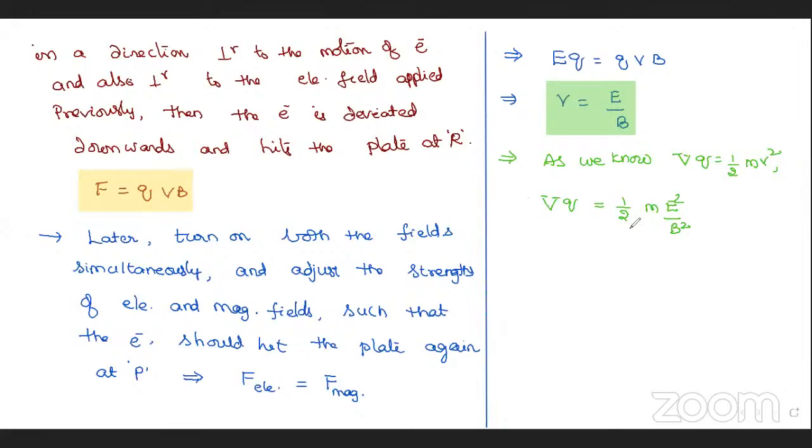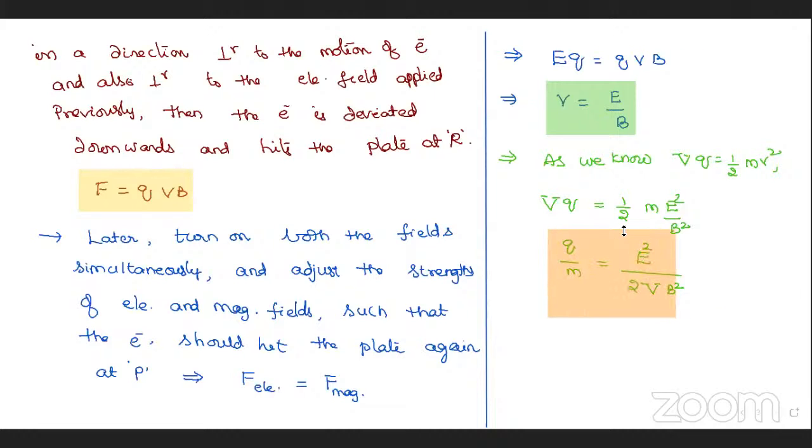Am I right? Yes, sir. Why? Because while doing the experiment, we only applied all these three values. That's why from this relation, you can find the ratio of charge to mass. That is E square by 2 into potential difference between cathode and anode and B square. So from this relation, he gave an equation for us.